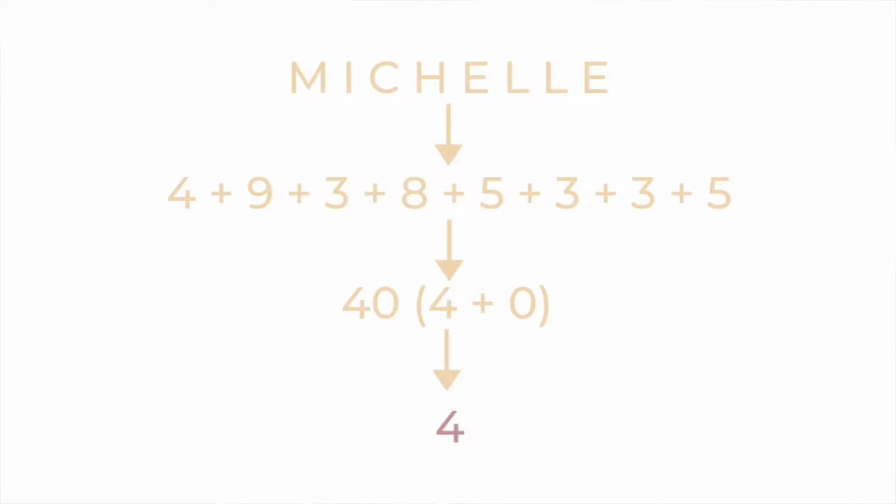And then we reduce 40, 4 plus 0, and that equals 4. So if that were my first name instead of Caitlin, then my growth number would be 4. Or if your name is Michelle, your growth number is 4. So it's really very simple once you get the hang of it. It's not too complicated. So this is how you get the growth number, but still, what is the growth number?